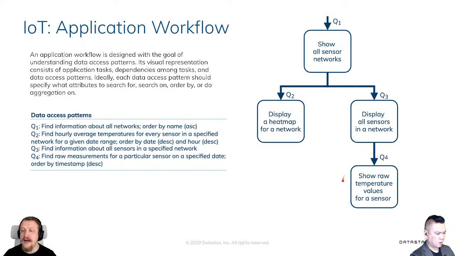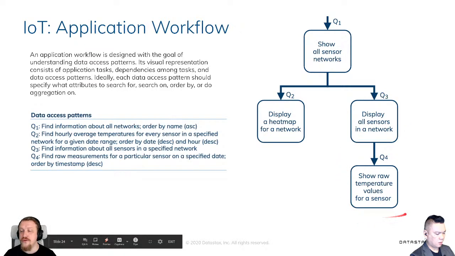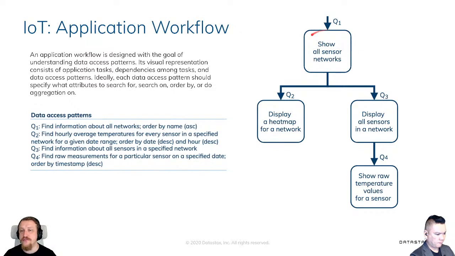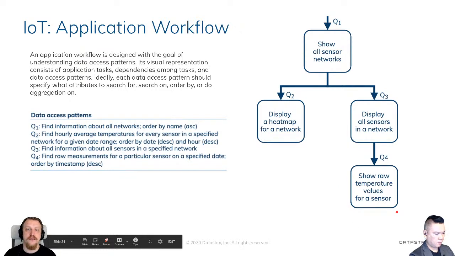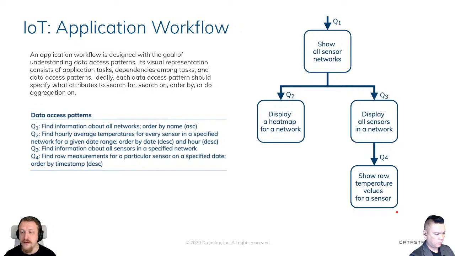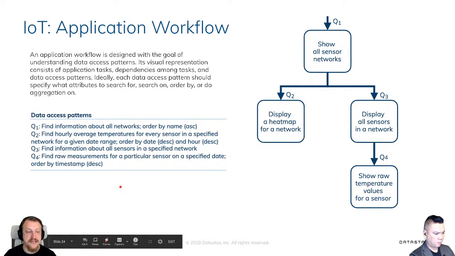Finally, out of the list of sensors in a network, we may need to show raw temperature values for a sensor. So here you open the list of networks, here the list of sensors in a network, and here you click on the sensor and we show a list of the latest temperatures registered by this sensor.